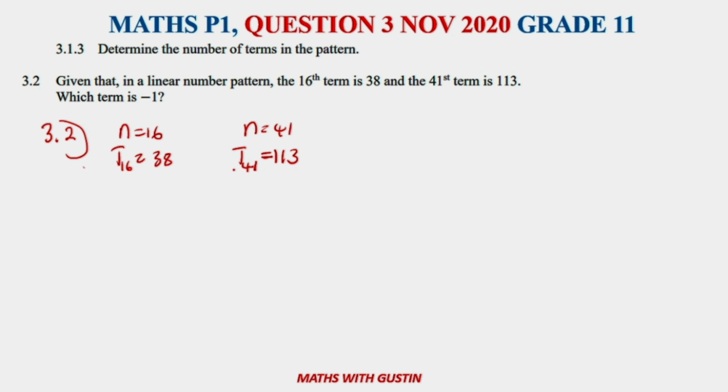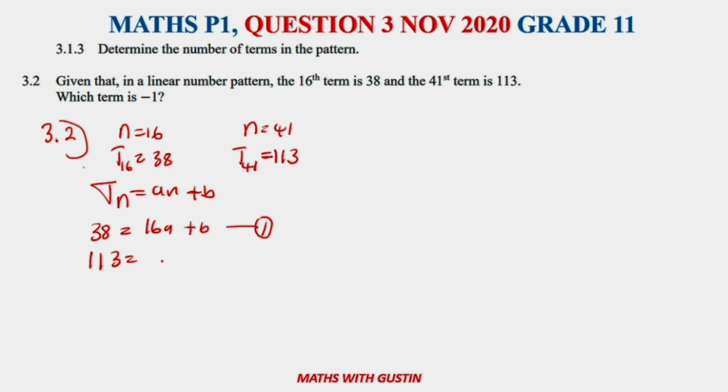Now we come into our equation, where Tn is equal to an plus b. Therefore we have 38, where n is 16, equals 16a plus b. This gives us our first equation.